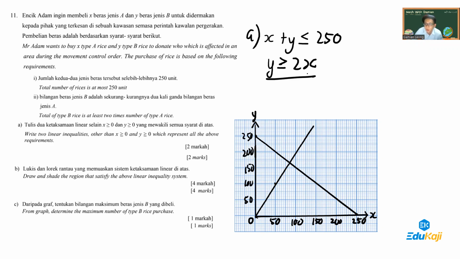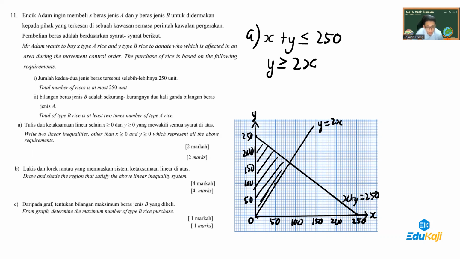So this is y equals to x, and x plus y equals 250. Less or equals is below this line, more or equals is above this line. So above and below is basically this area right here. So I shade this region. Okay, that's the shaded region.